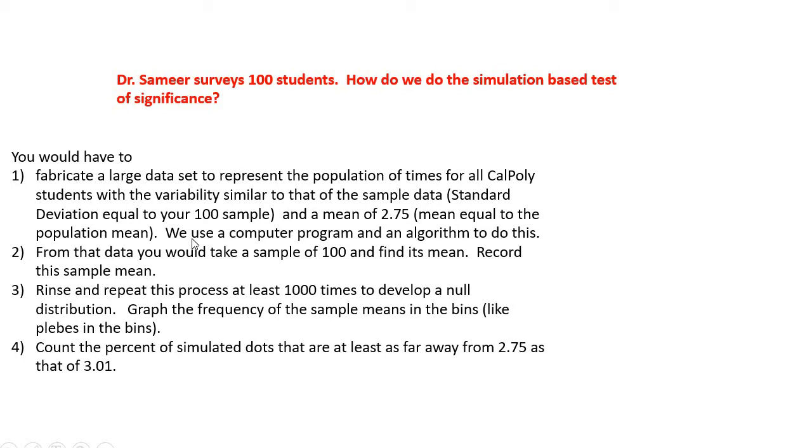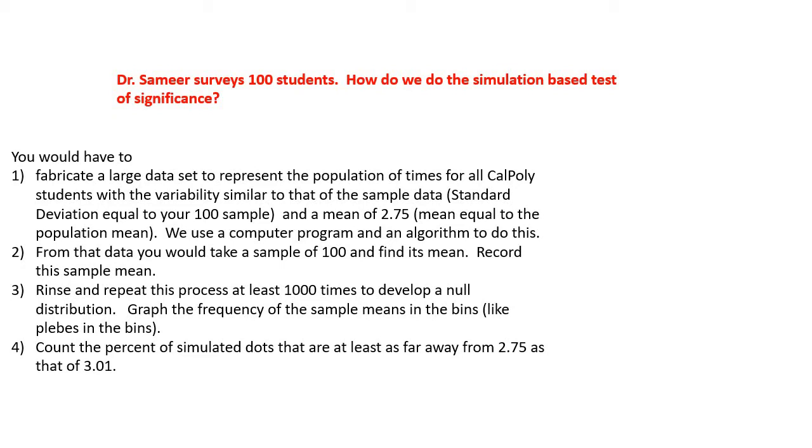So now we have the null distribution. Number one gives me that null distribution. Number two, from that null distribution, I'm going to take a sample of 100 and find its mean. And in a spreadsheet, I'm going to record that sample mean. Again, from the null distribution, I'm going to do it again. Take some random 100 out of that null distribution.